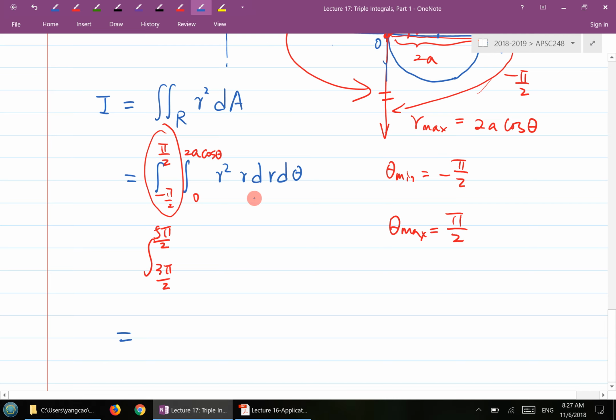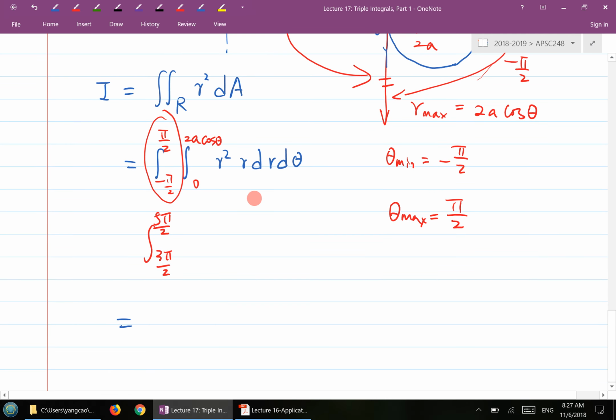And so from here, the rest of the work actually seems to be okay, but you will see there's a little bit of a hiccup in the next calculation. So this is R cubed, and then you have limits from 0 to 2a cosine theta.